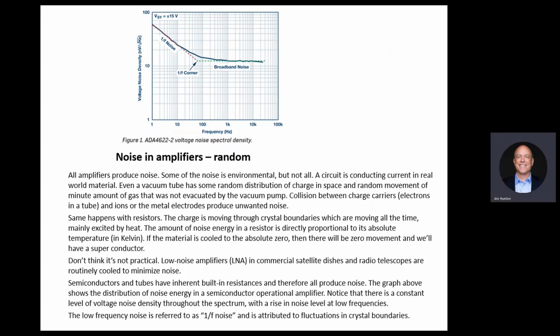Noise. Every device has noise. If you look at the characteristics, this is a JFET, I believe. Yeah, so the device has a fixed noise for most of its bandwidth. And at low frequency, there's what we call 1/f noise. It's not really 1/f, but that's what it's called.